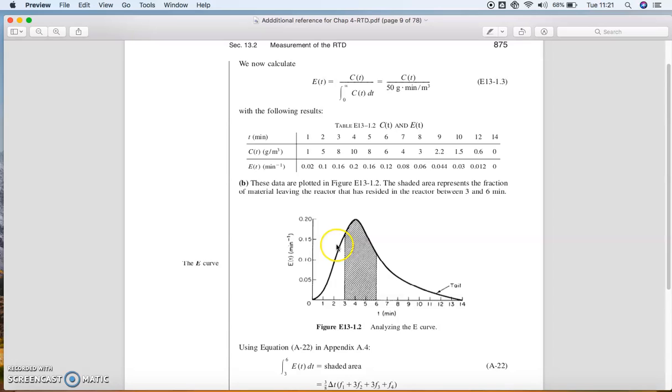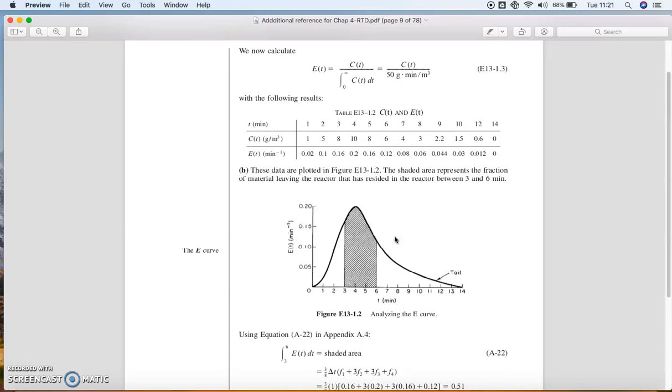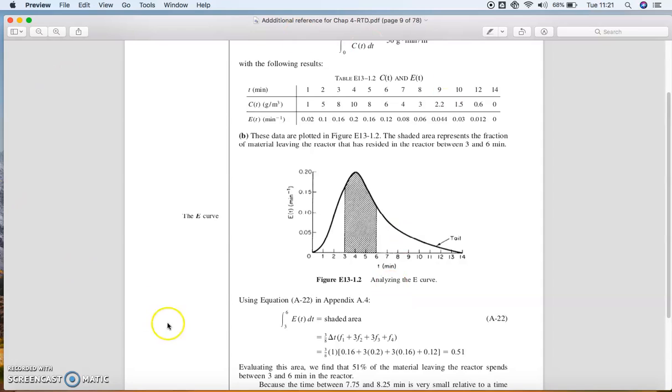If the question asks you to construct a figure of ET, you get these values from the table you constructed and plot ET versus T. Most likely the C curve and ET curve will have the same kind of pattern. In example 13.1, the question also asks you to calculate the fraction from 3 to 6.